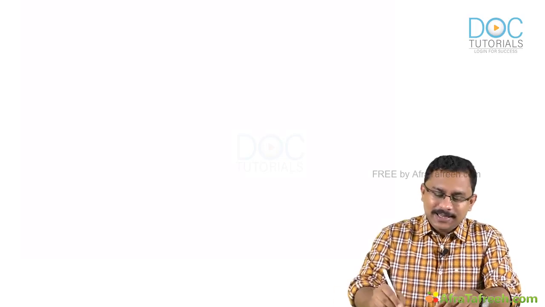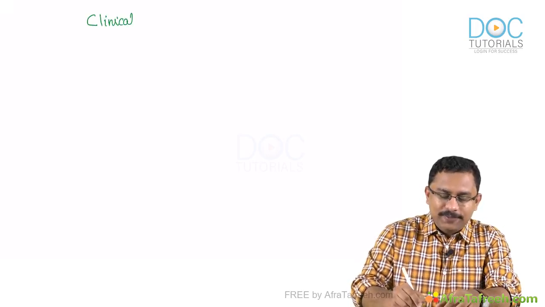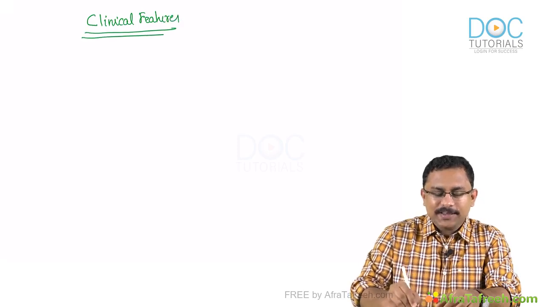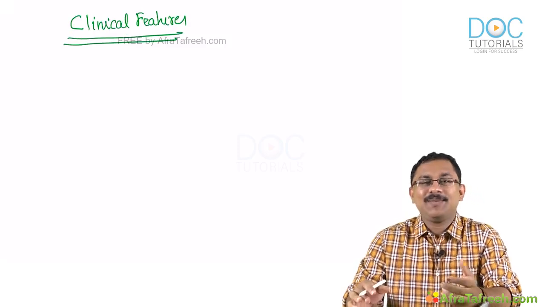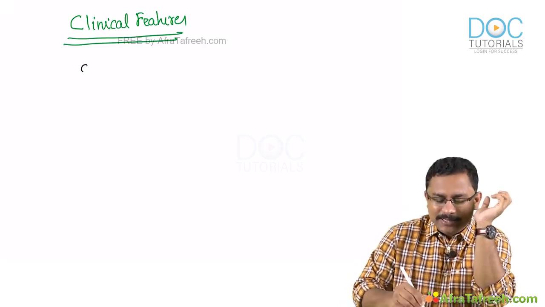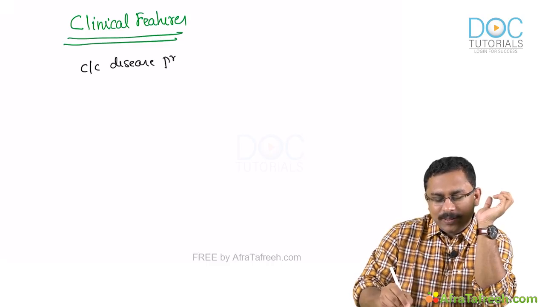So after having understood the etiopathogenesis of bronchiectasis, now we are moving to the clinical features. Clinical features of bronchiectasis. Let me begin by telling you this point, that this is actually a chronic disease process.